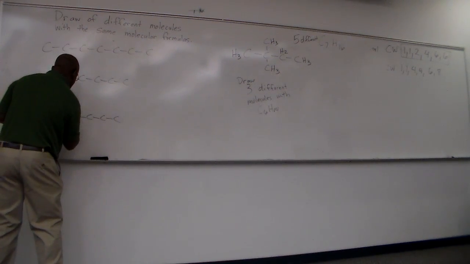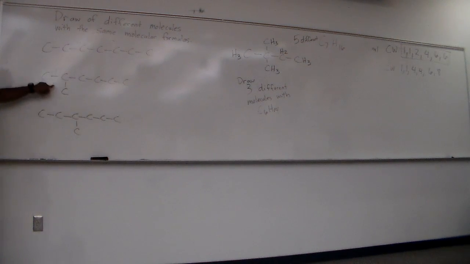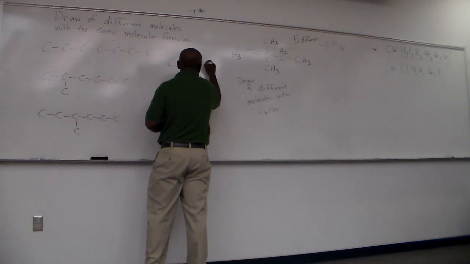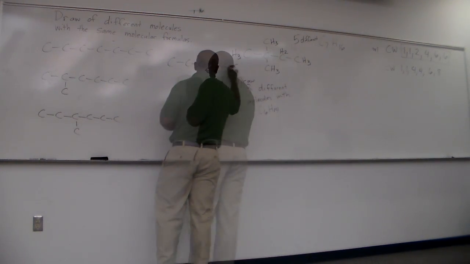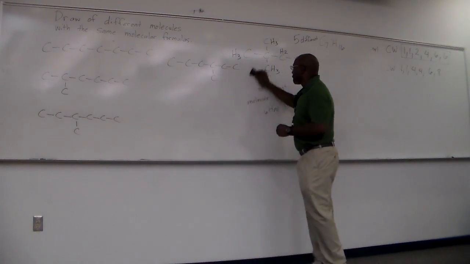On the top. Is this different than the others we did so far? Yes. If I added it to carbon number 4, would that be different? Is this molecule different than the one I've drawn so far?